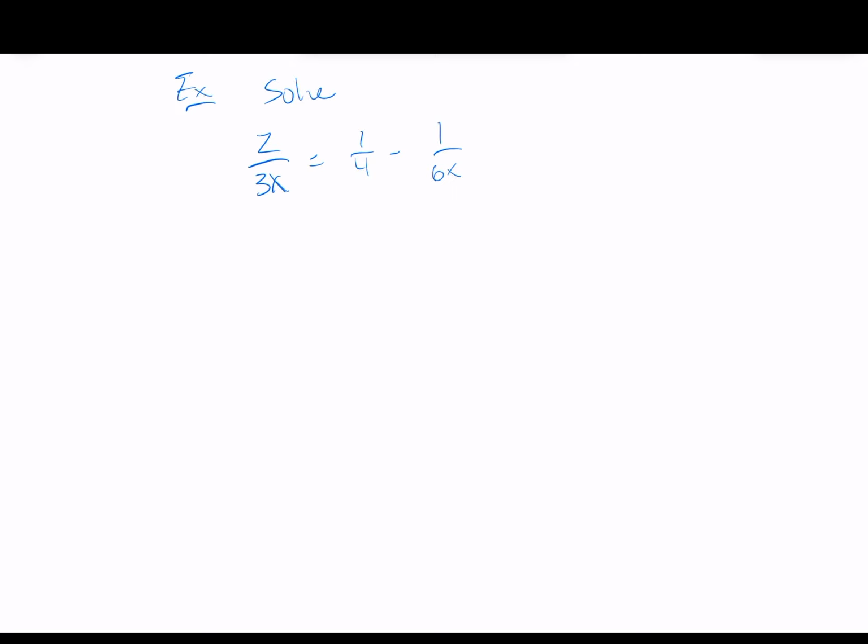Well, there's not really anything that we can factor specifically here. So what is our LCD? Well, we know we have to have 3x as a factor, 4, and 6x. So it looks like our LCD is 12x. So what we need to do is multiply both sides of the equation by 12x.